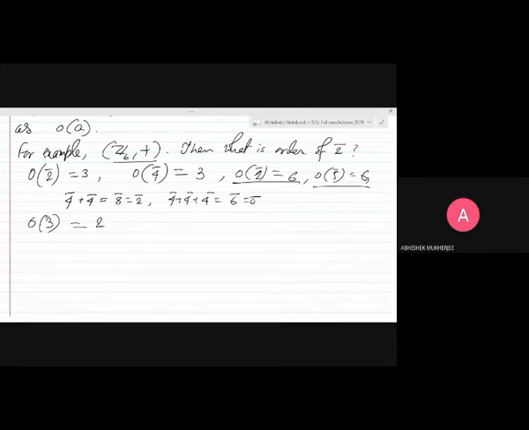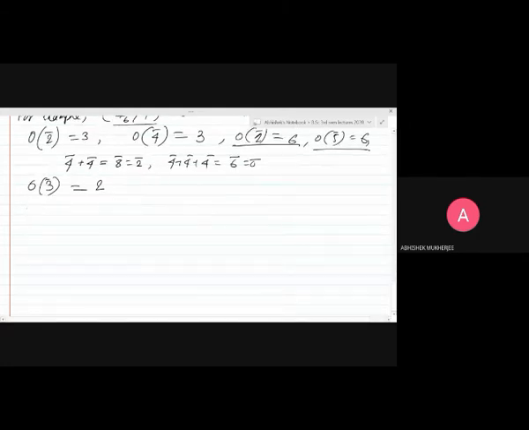So we are looking for a result that this feature might be true in general finite groups, right?